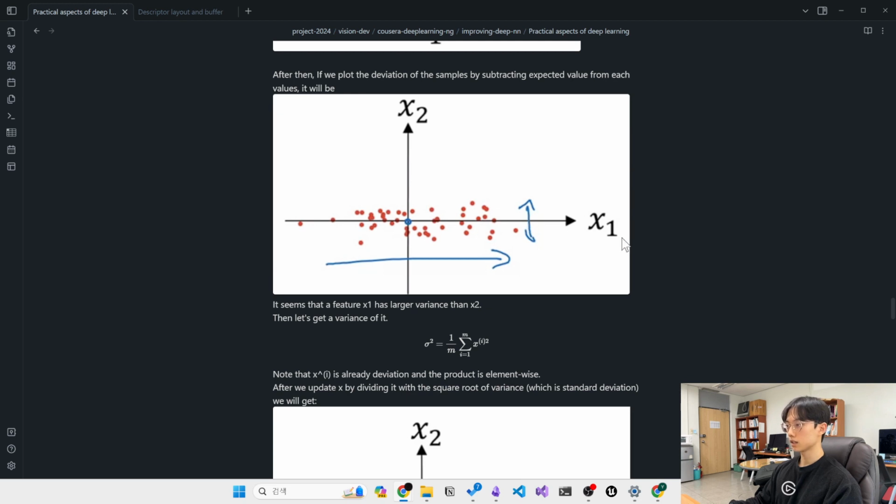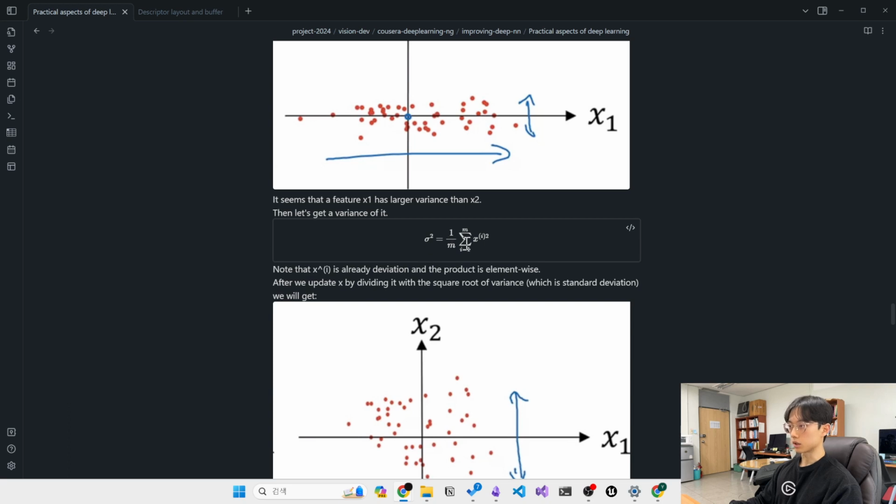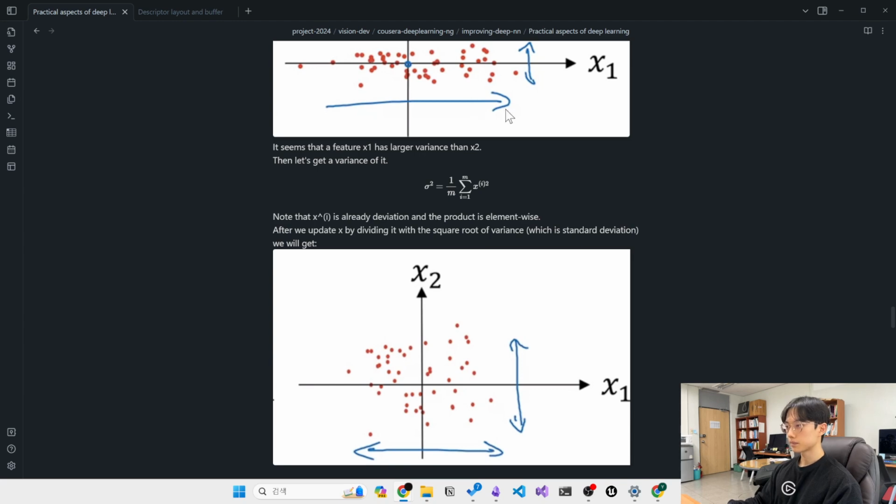And so you can see the variance of x1 is larger than that of the x2 feature, so we can compute the variance following this equation. In definition, the variance is the average of the sum of the squares of deviations.